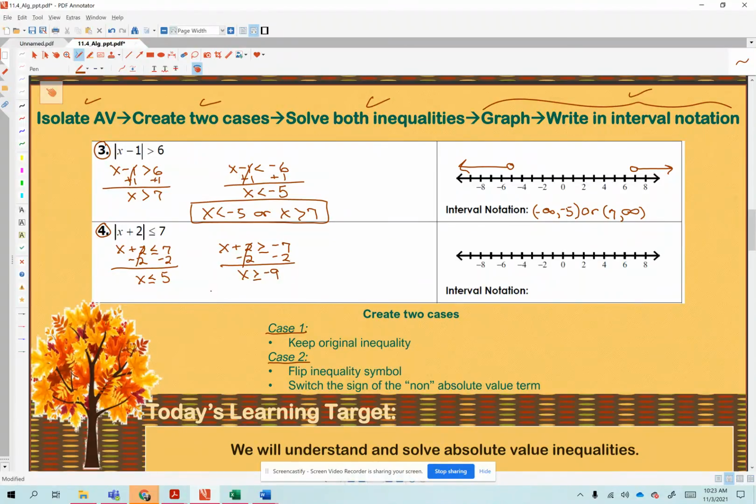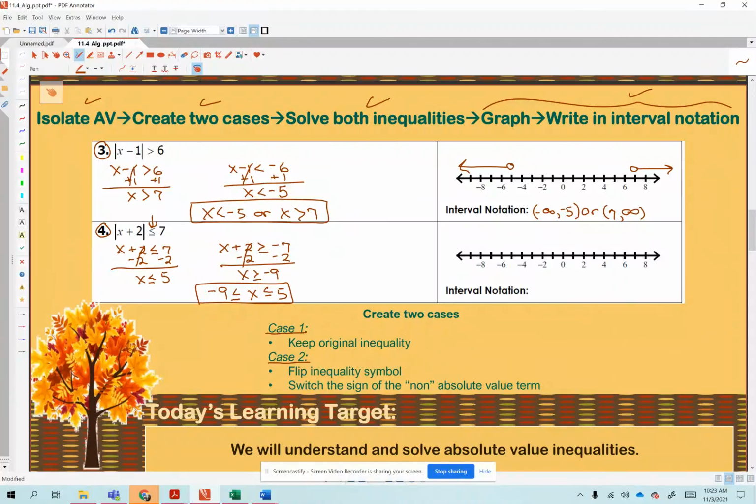So we start with a smaller number. Negative 9 is less than or equal to x. Think about this on the number line, and x is less than or equal to 5. So this will be a connected graph. Remember, it started out with less than or equal to.